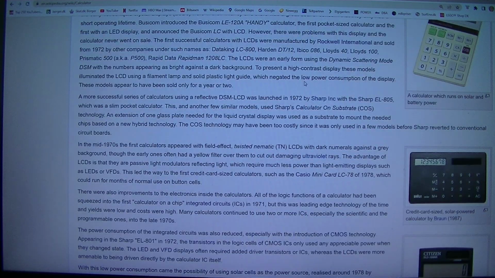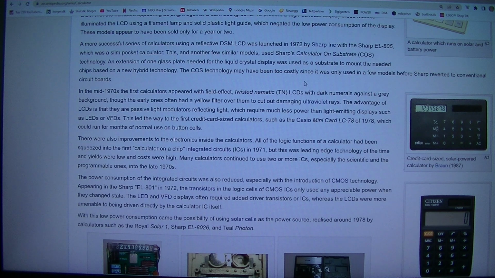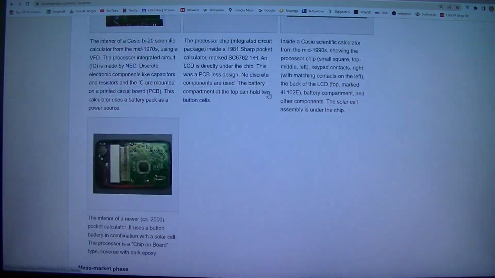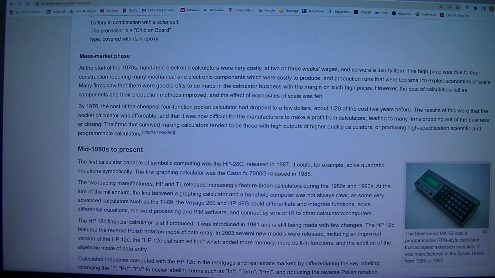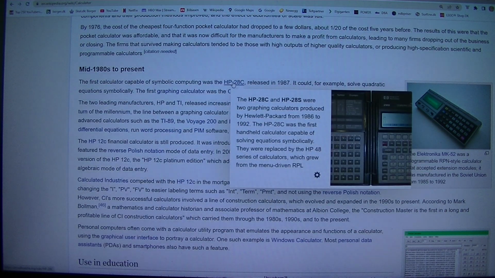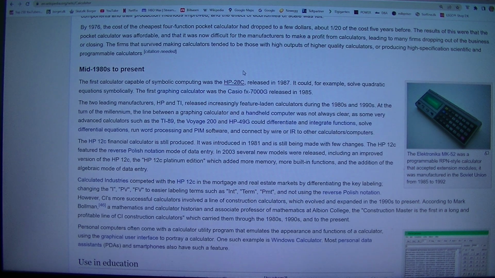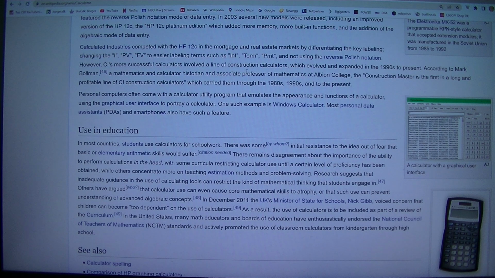But then there will be a whole new playlist. Casio. More calculators.